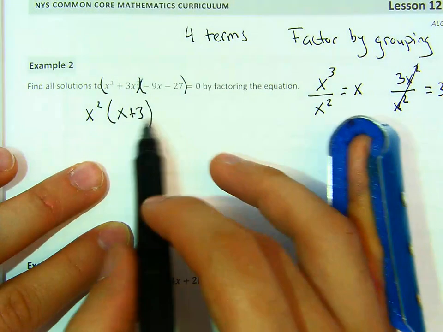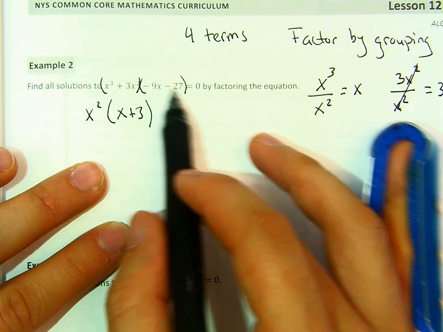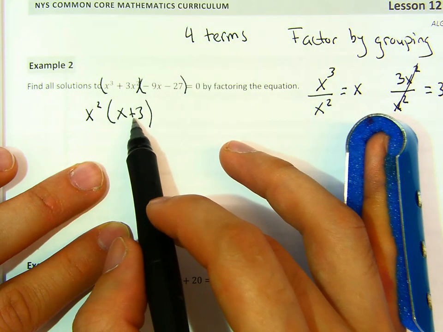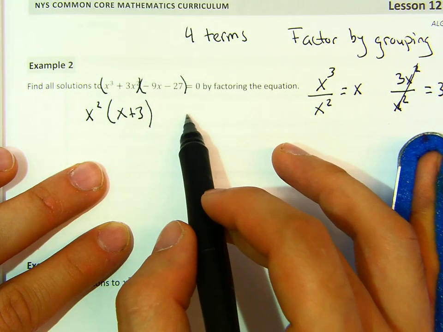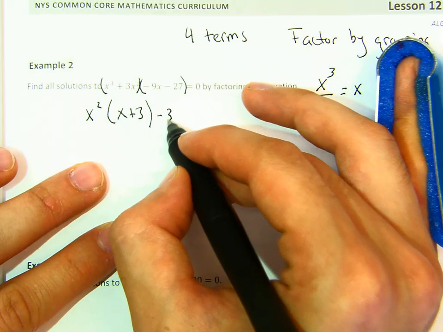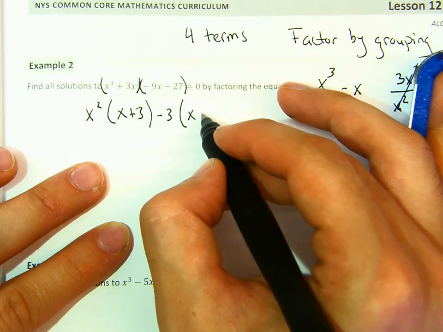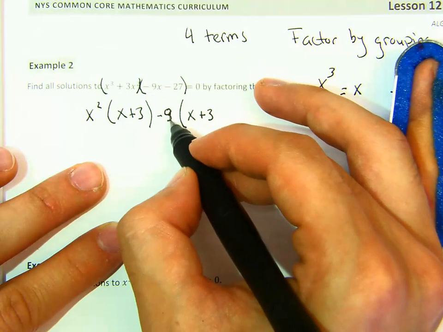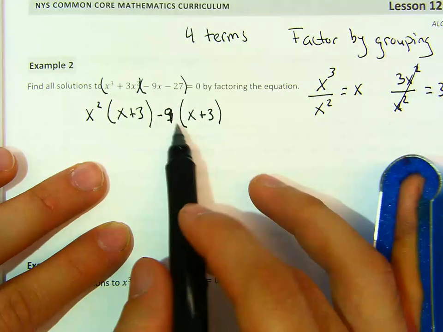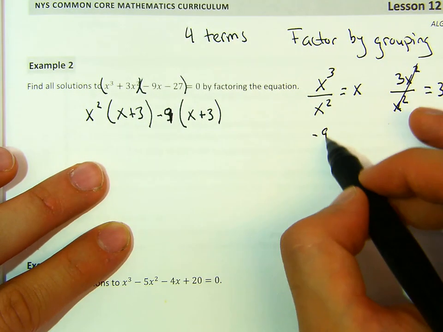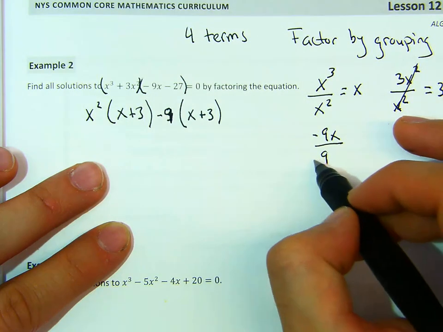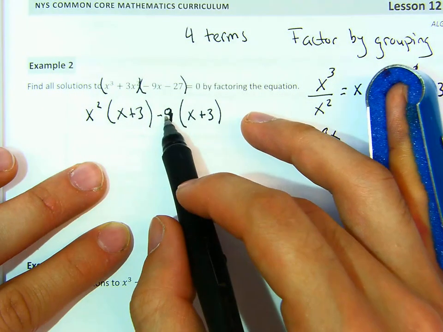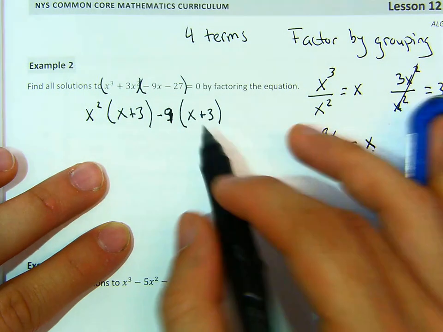Okay? Now from here, what do I want? Remember, if I have an x plus 3 here, I want an x plus 3 here. So I want to factor out a minus 9, and then this becomes x, and this becomes plus 3, because if I do negative 9x divided by negative 9, then this becomes x, which is here.